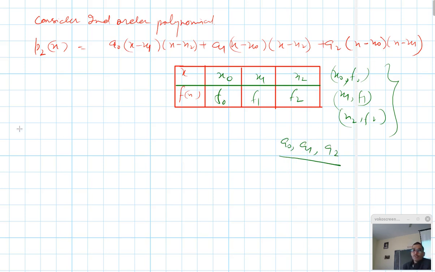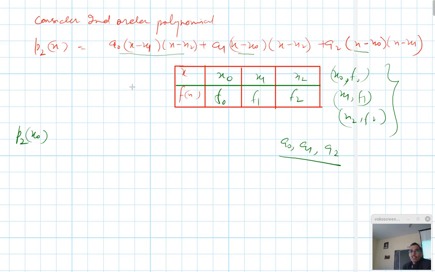So let me try to find out the value of the polynomial corresponding to the first point. So P2 of x0 will be what? When I put x0 in place of x, then only this term will be non-zero and the rest of the terms will become 0.